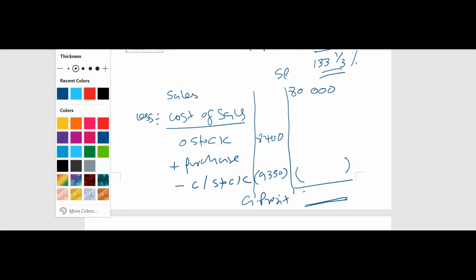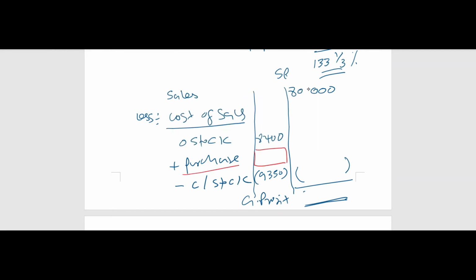We need to identify the purchases. We took sales, opening stock and closing stock. We don't know the cost of sales, and we also don't know the gross profit, but you are given the gross profit calculation.